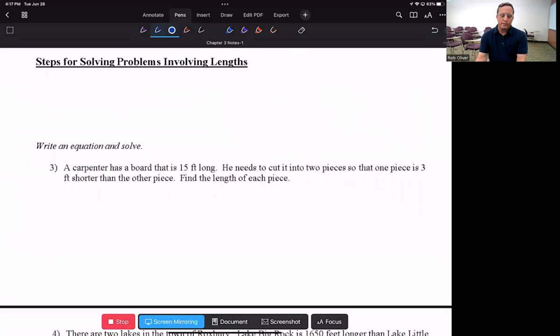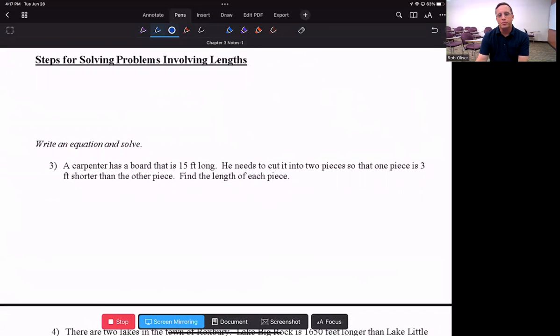All right, so next, moving on to the steps for solving problems involving lengths. We're pretty much going to do the same thing here. I think sometimes when you're dealing with geometry type problems or lengths or anything like this, drawing a picture is somewhat useful. Just being able to visualize it, draw it out, sometimes helps our brains kind of wrap around it and understand the problem better.